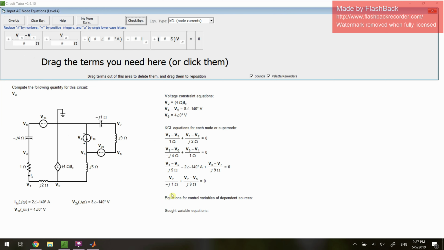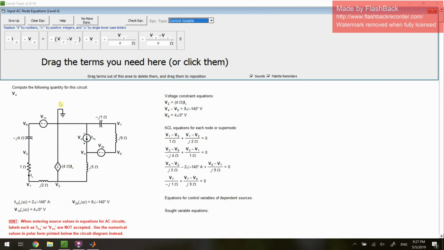Now the only unknown that we're missing is our dependent control source. So we can write an equation for that, which is Ix, and Ix is shown as moving through the 1 ohm resistor. Now, how do we explain this current? Well, current is defined as V over R, and we can see that Ix is moving from top to bottom.